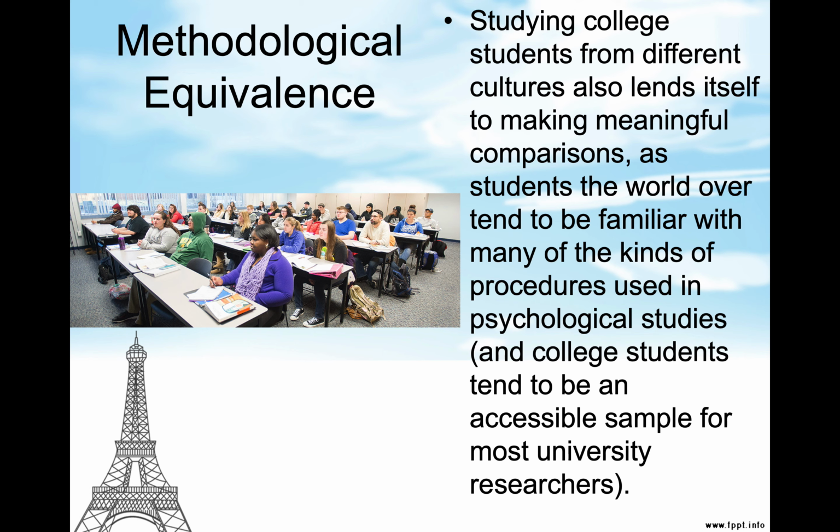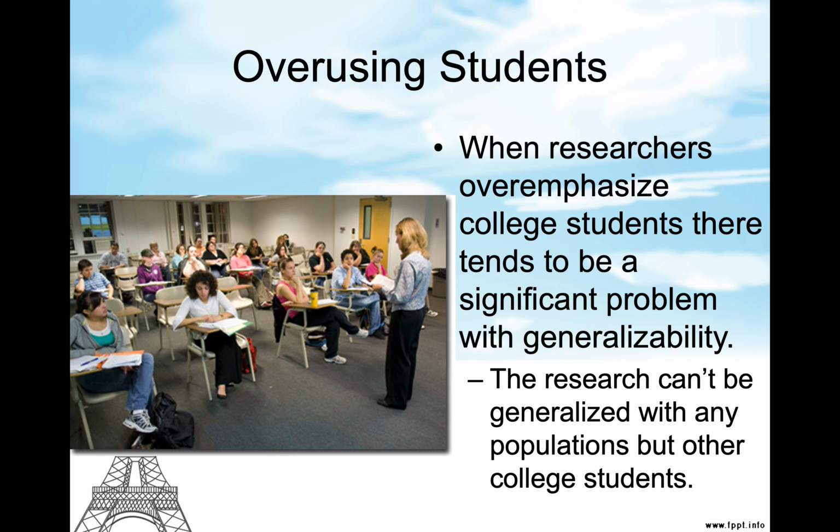Studying college students from different cultures also lends itself to making meaningful comparisons, as students the world over tend to be familiar with many of the kinds of procedures used in psychological studies, and college students tend to be an accessible sample for most university researchers.